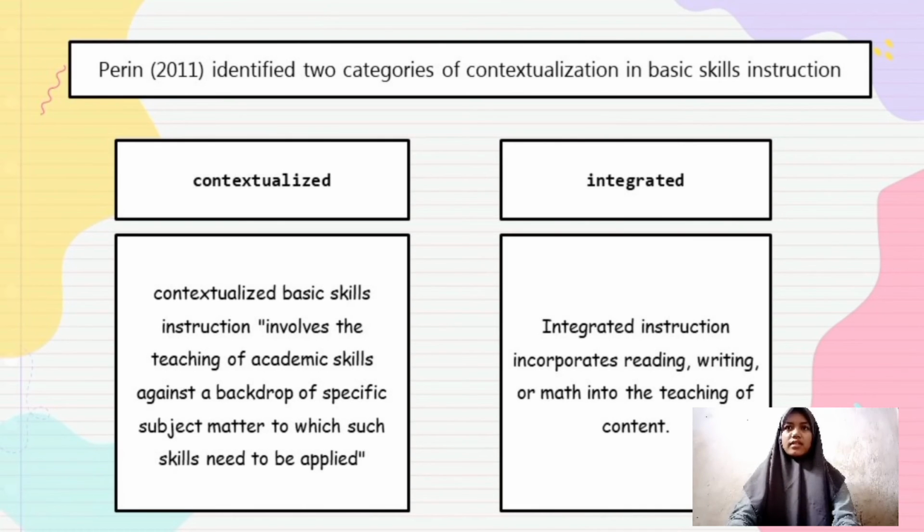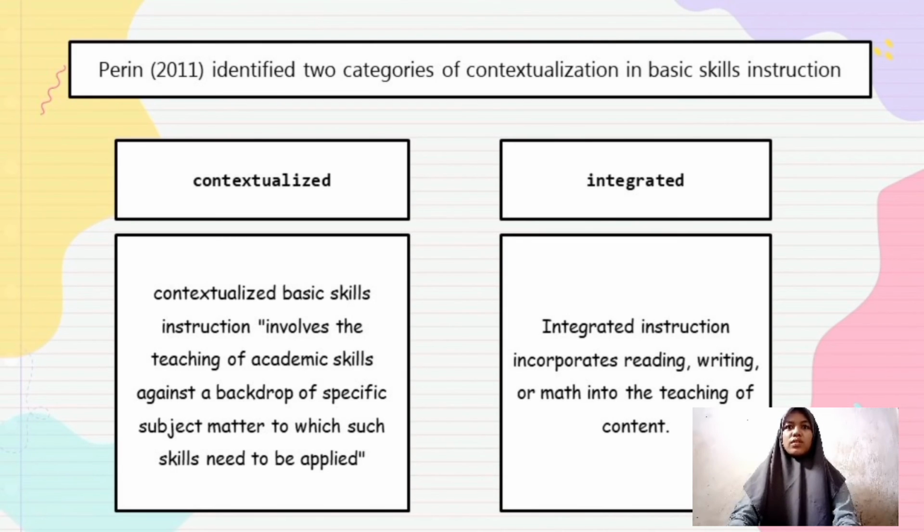According to Perrin, contextualized basic skill instruction involves the teaching of academic skills against a backdrop of specific subject matter to which the skills need to be applied. The instructor's primary objective is to teach academic skills rather than content or subject matter materials.